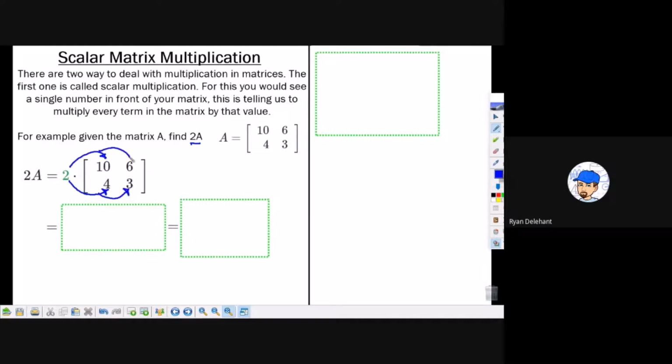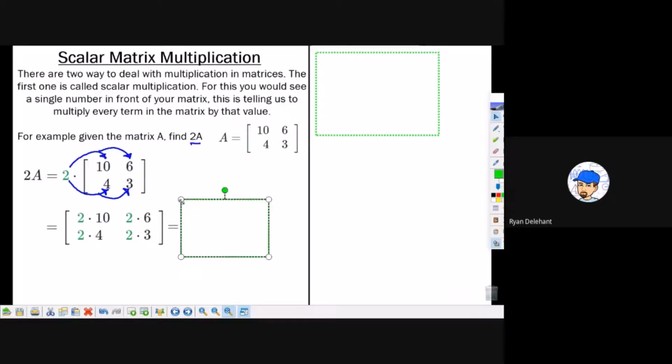So it's very similar to parentheses and distribution. So everything in there gets multiplied by 2. So we're still going to get a 2 by 2 matrix as our answer. That's going to remain the same. And we just need to compute each entry.